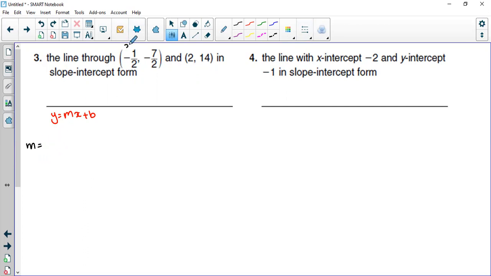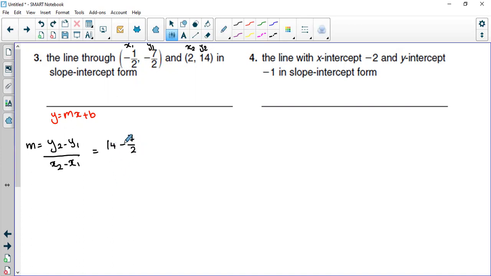This is going to be x1, y1, x2, y2. So by now you must be familiar with the slope formula, y2 minus y1 over x2 minus x1. This might confuse you a bit because they are fractions, but we have to do it through. So y2 is 14 minus y1, which is negative 7 over 2.